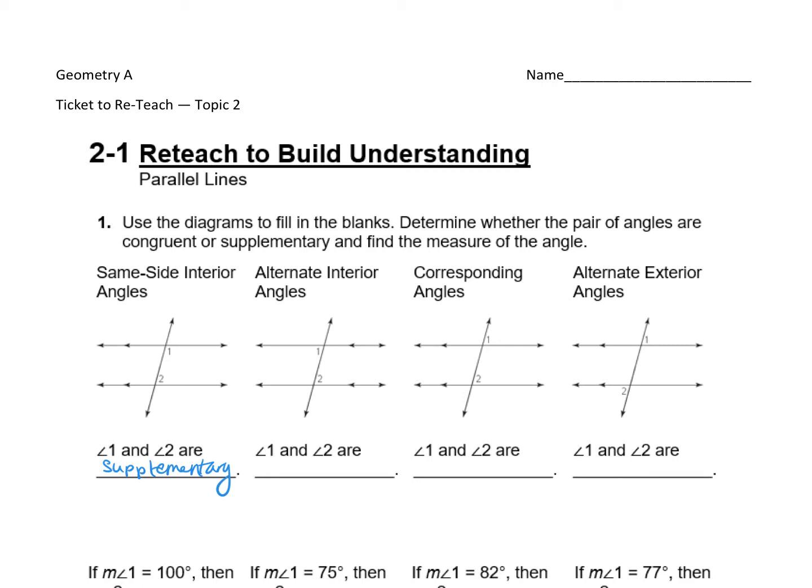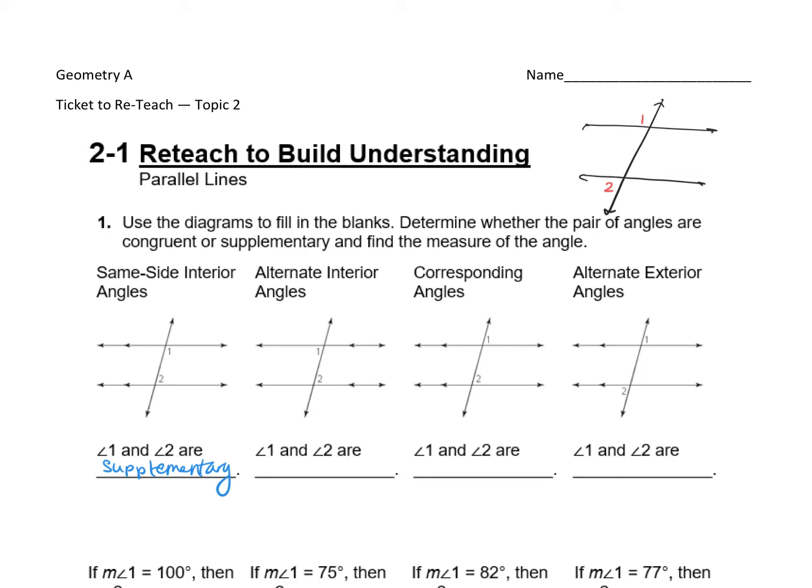One thing that's not on here, let's just add in another picture. I was going to say, let's talk about same side exterior, and it's just not there. So we'll draw an extra picture up here. If you have parallel lines cut by a transversal, same side exterior angles could look like angle 1, angle 2.